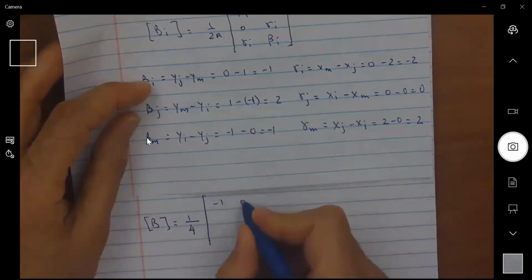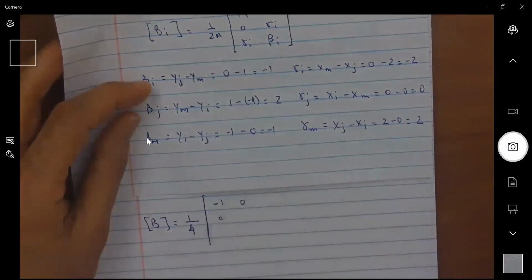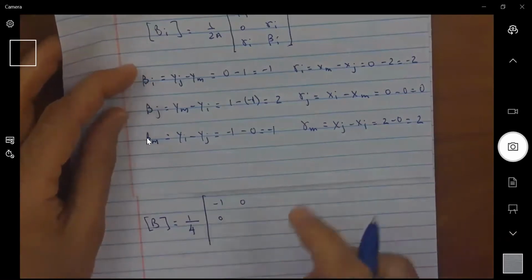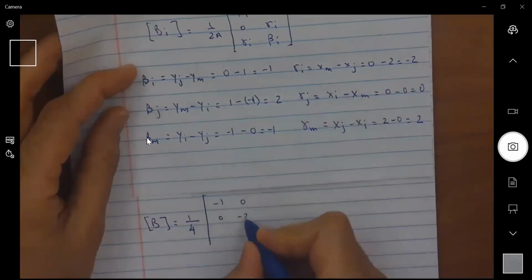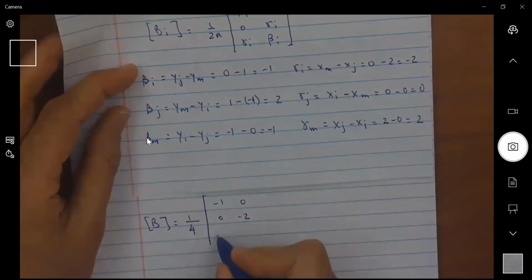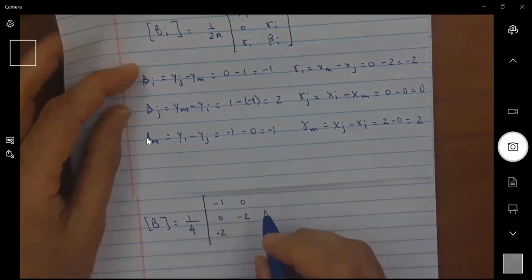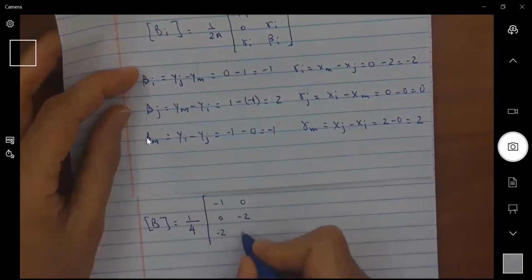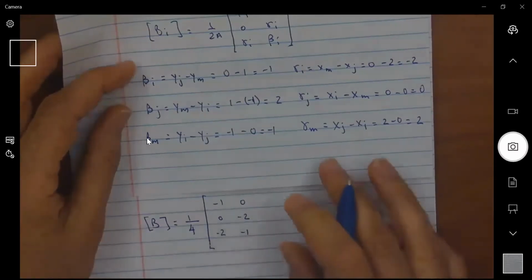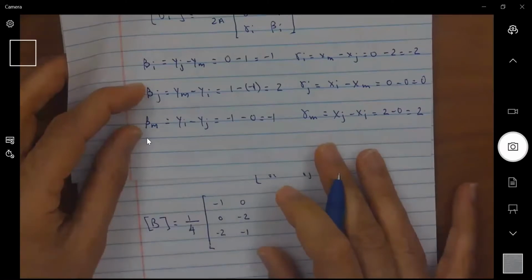Then I have a 0, then a 0 and a gamma I, which is a -2. Then I have a gamma I, which is a -2, and a beta I, which is a -1. And we're going to repeat for the J's and the M's.